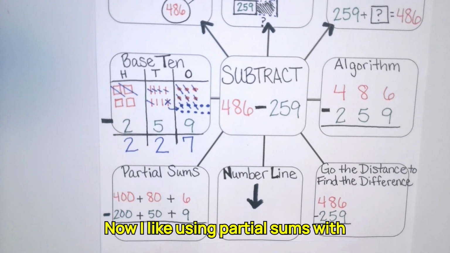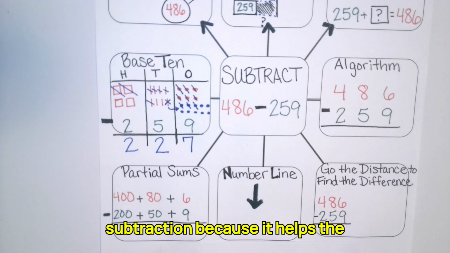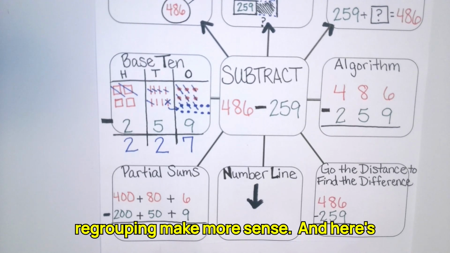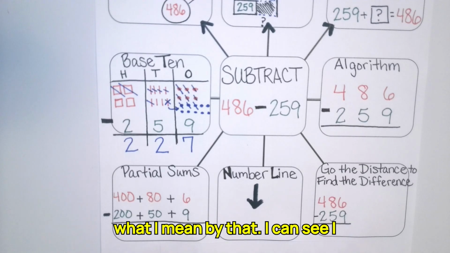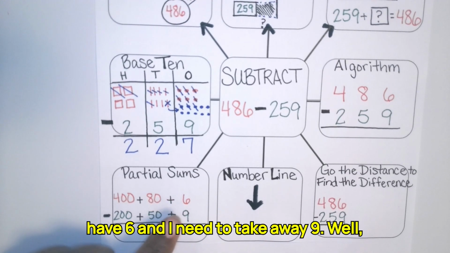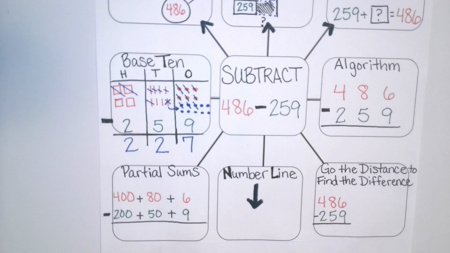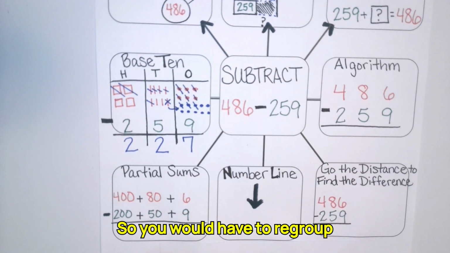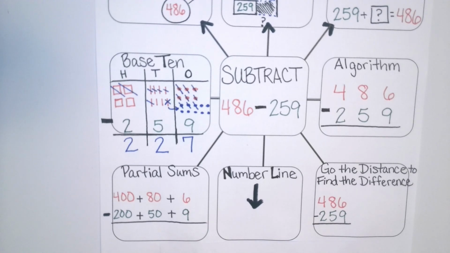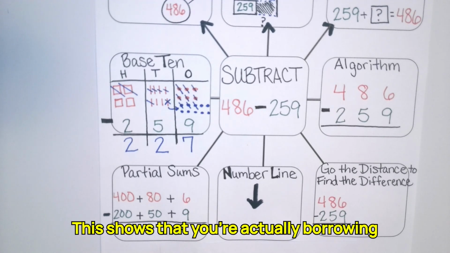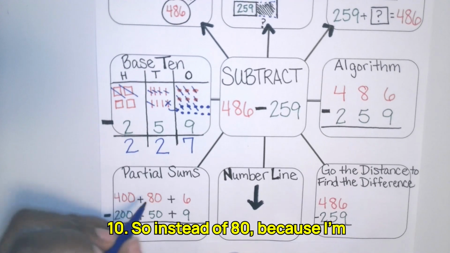Now, I like using partial sums with subtraction because it helps the regrouping make more sense. And here's what I mean by that. I can see I have 6 and I need to take away 9. Well, you can't do that. So you would have to regroup with the tens place. This shows that you're actually borrowing 10.